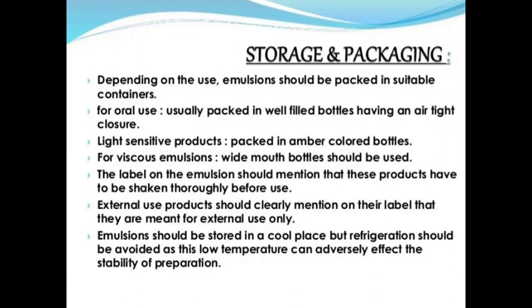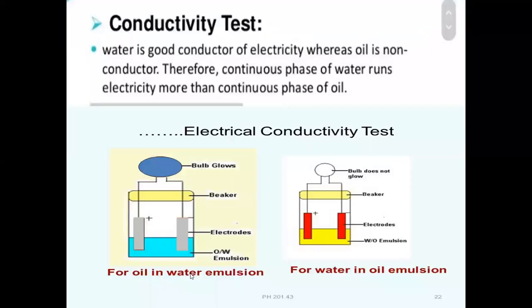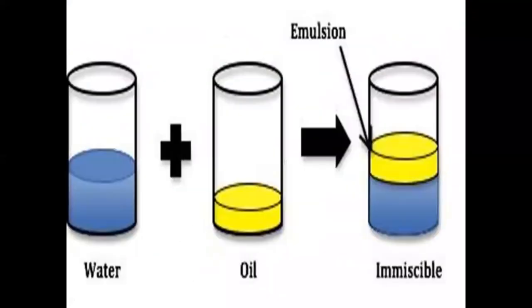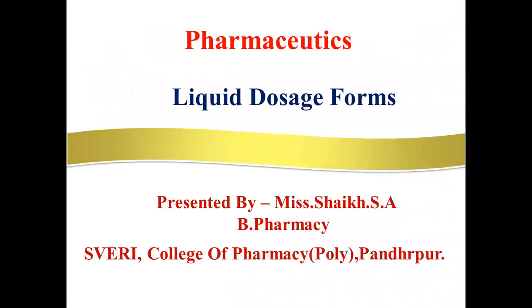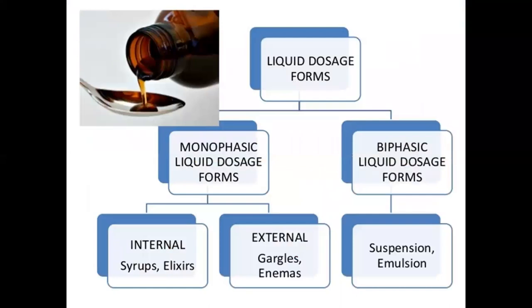Protected from light means sunrays or other lights, so store it protected from them. Also sometimes it should be stored in a fridge, and at the end emulsions are required to be stored in a cool place. So in this chapter, liquid dosage form, we discuss biphasic liquid dosage form, emulsion. Okay, this is an amber colored container.